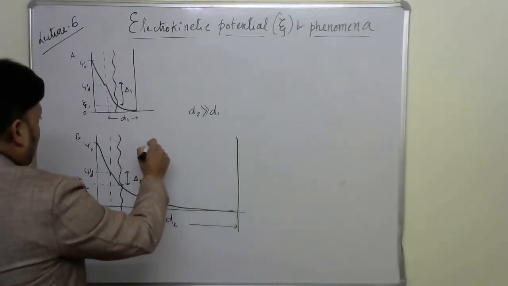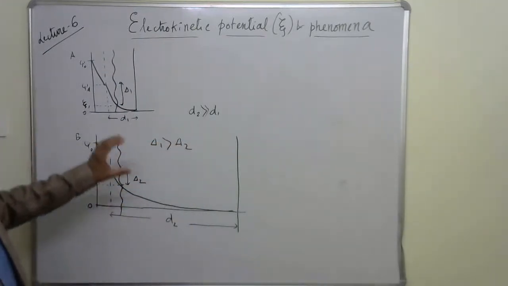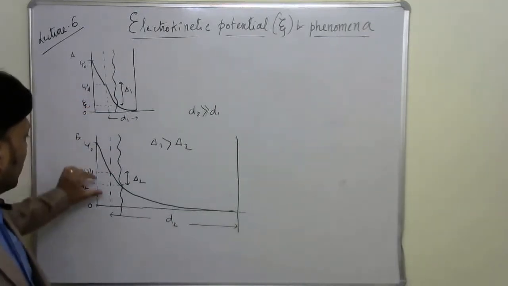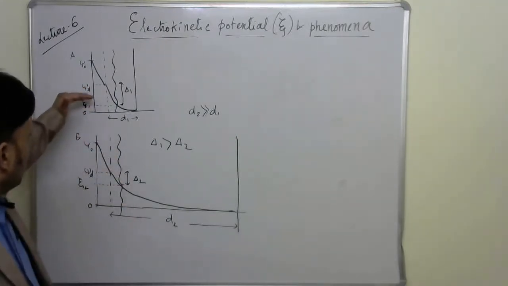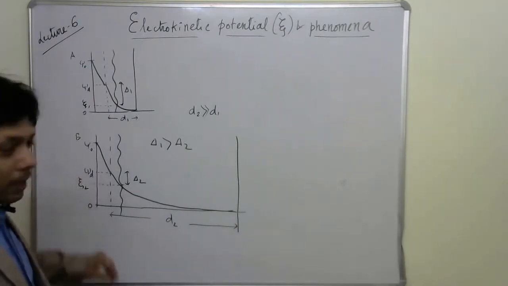So we can say that delta 1 is greater than delta 2. That means the difference between zeta and psi d is much more here than here. Okay, and also the zeta has been reduced, it is close to 0, but here it is not that much.